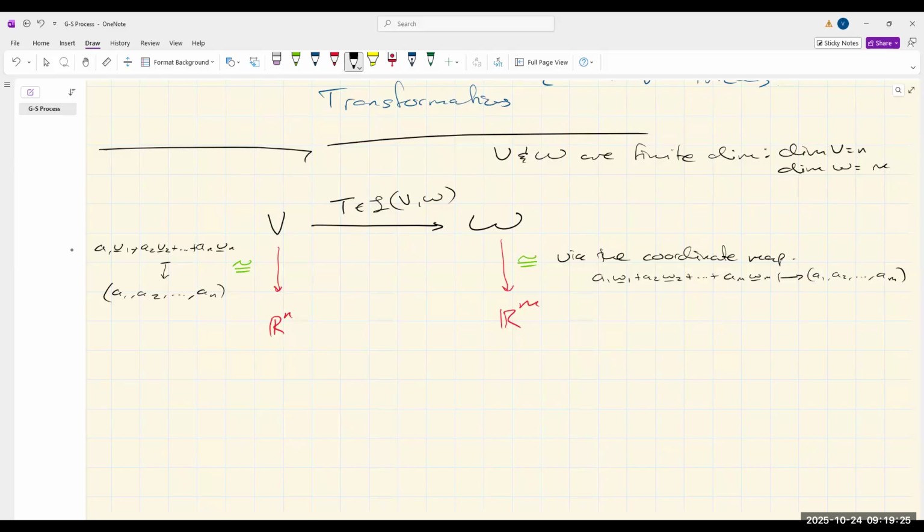And now to go from Rn to Rm, I need a linear transformation that takes a vector from Rn to Rm. Do I know of any linear transformation that takes vectors from Rn into Rm?